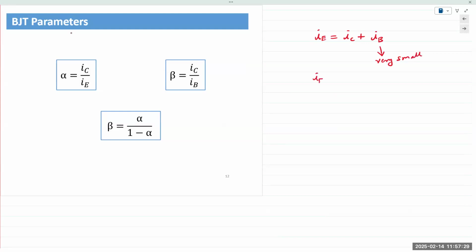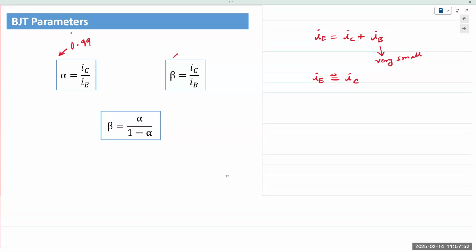So IE is approximately equal to IC. In some analyses, we will take them equal, we would ignore IB. Sometimes we won't. So alpha typically is a value of 0.99 or higher.